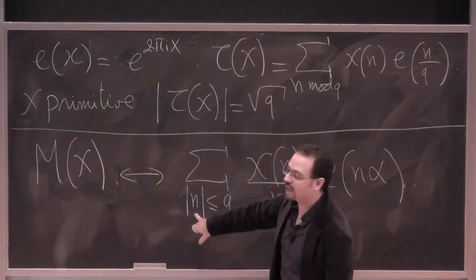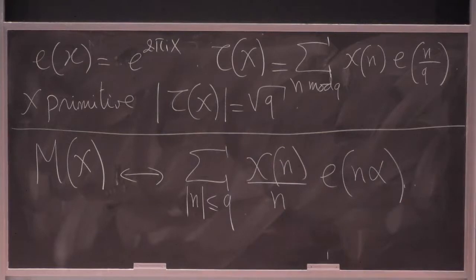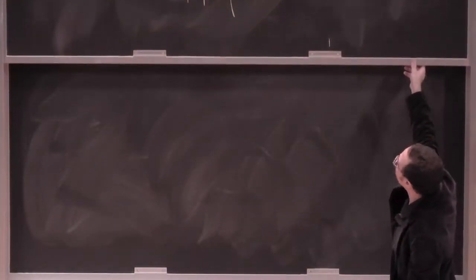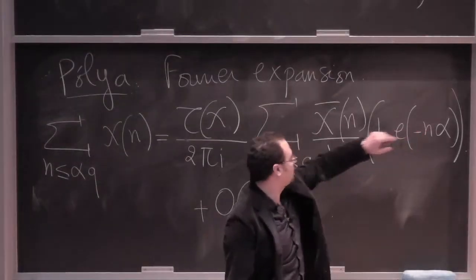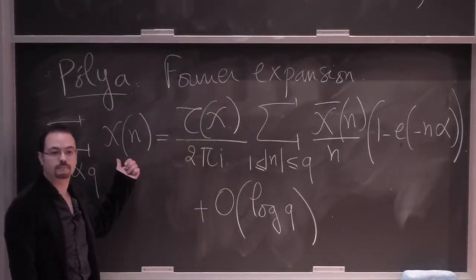Whenever I write this, it means that n starts at 1, so I don't need to write greater than or equal to 1. So we need to understand this, and it's clear from Pólya's proof that any non-trivial information about this quantity will give you non-trivial information about the character sum.